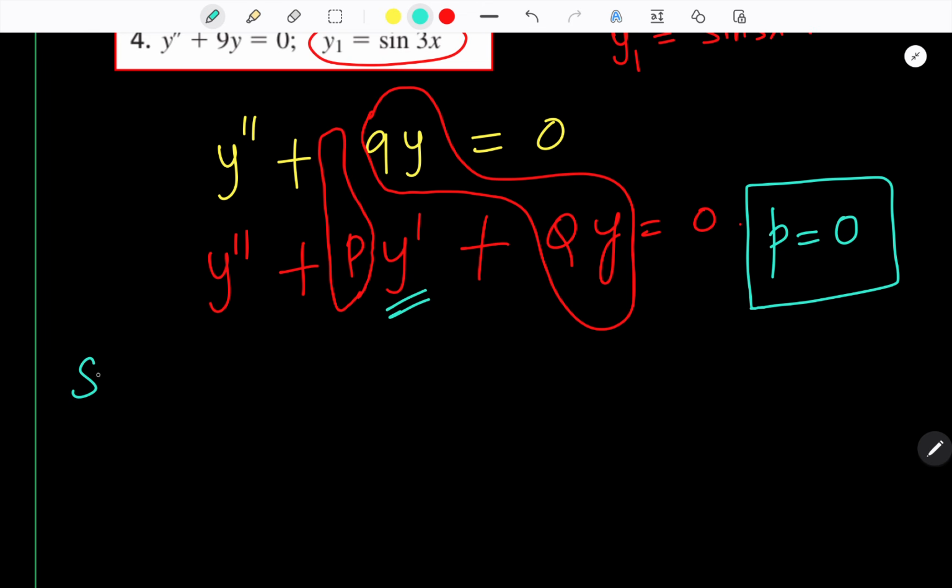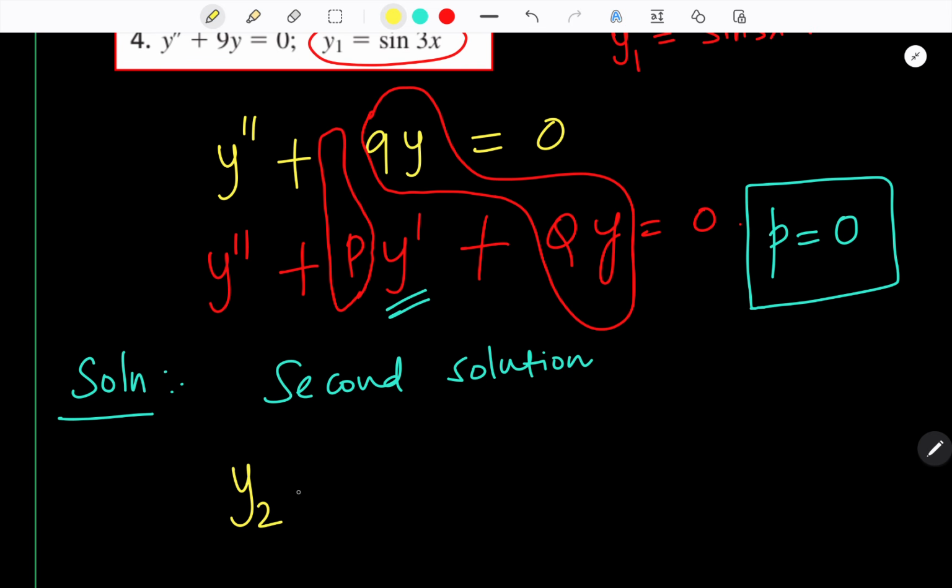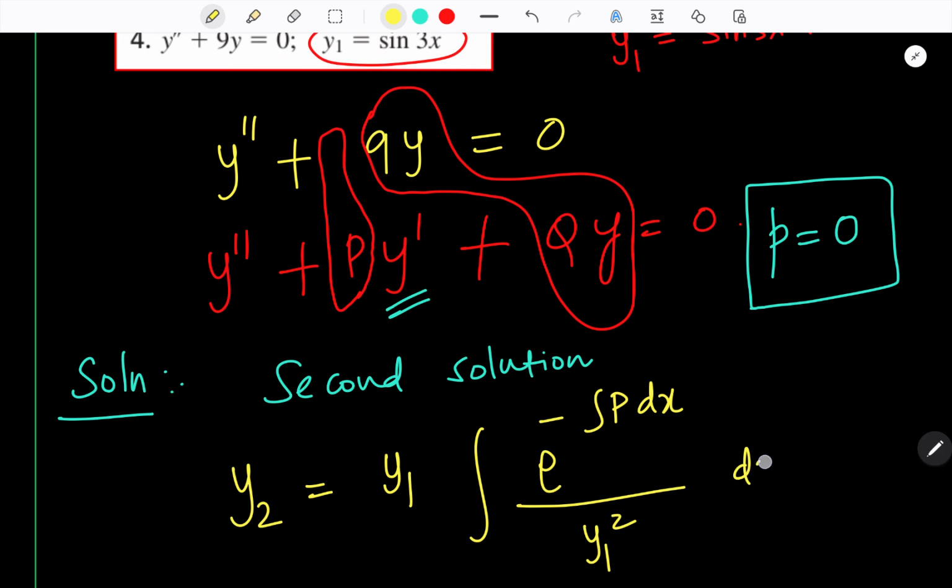So let us find the second solution. What is the formula for finding the second solution? y2 equals y1 times the integral of e power minus integral p dx, divided by y1 square, dx.